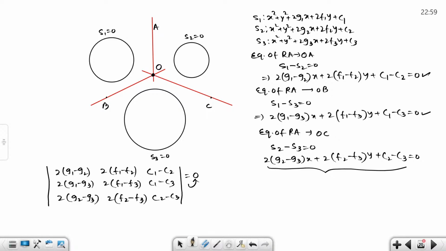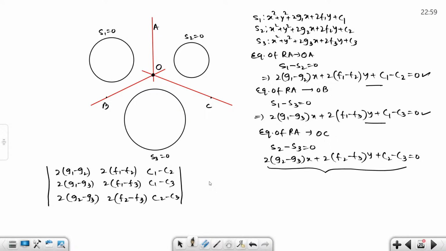Or even if you don't go for the determinant, solve any 2 equations and put the values of x and y in the third equation, you will see that it is satisfying. It means that the 3 radical axes will be concurrent. Clear? So now I am trying to prove that this determinant is 0. Right now I am not writing that it equals 0; I will prove it.